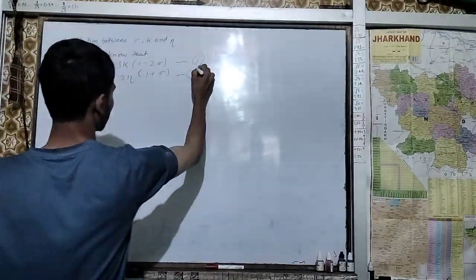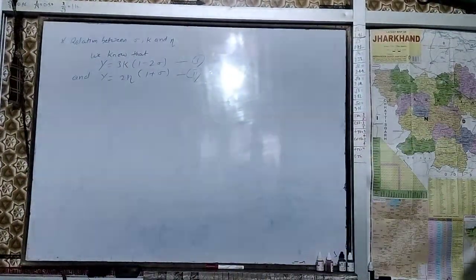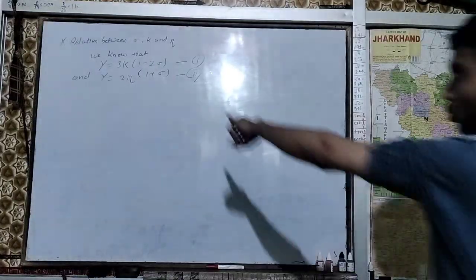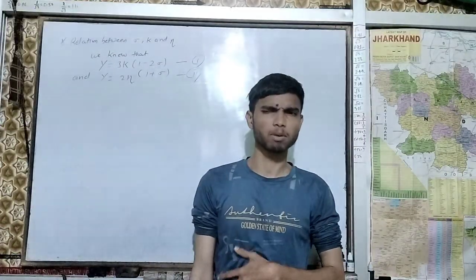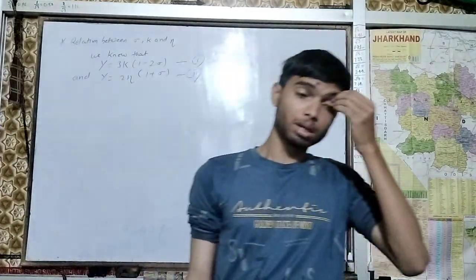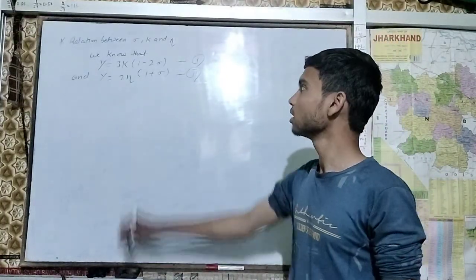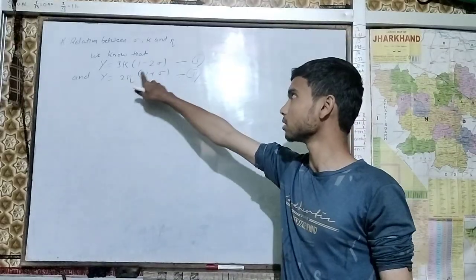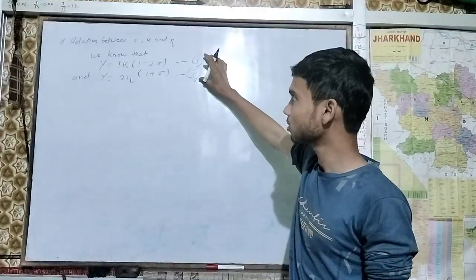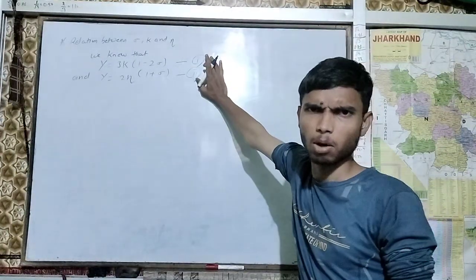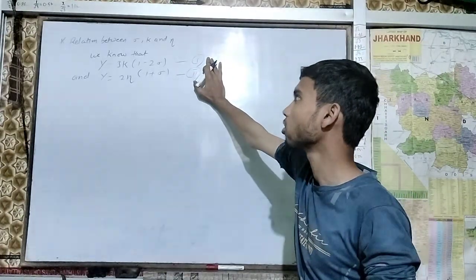This is our second equation. These relations are compulsory, you have to remember them. I'm not saying to find a relation between them right now, I'm just saying that if you know these two relations, it will become very easy to find the relation between them.